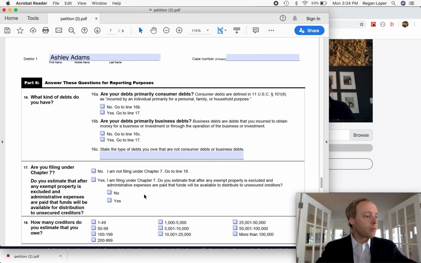Okay. Part 6. What kind of debts do you have? This question is really asking, are your debts primarily consumer debts? And it provides you a definition of consumer debts as incurred by an individual primarily for a personal, family, or household purpose. In Ashley's case, the answer here was yes. Her debts were not mainly business debts.